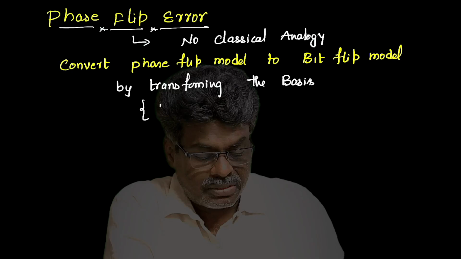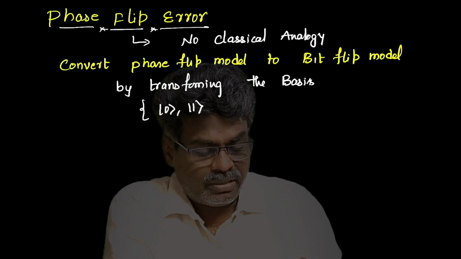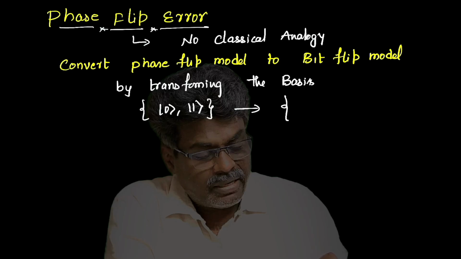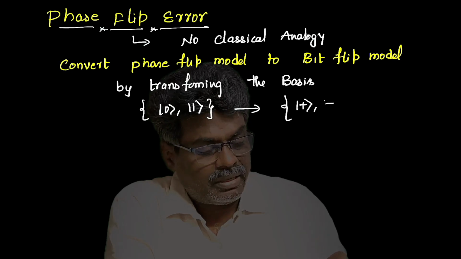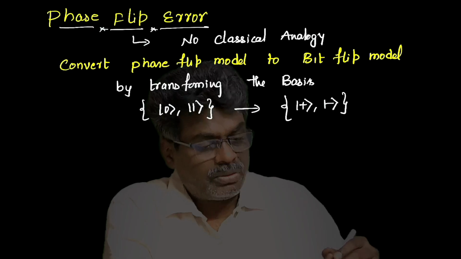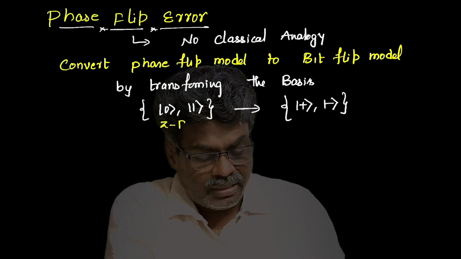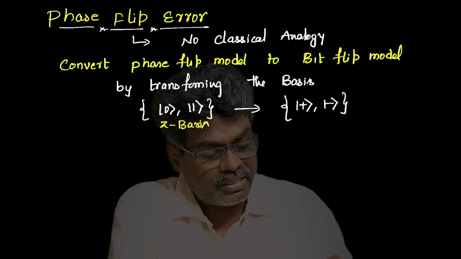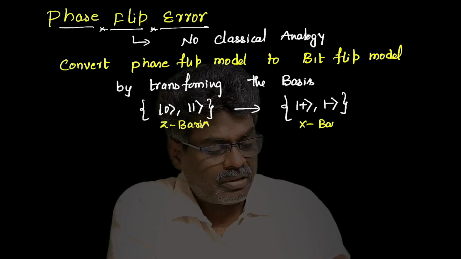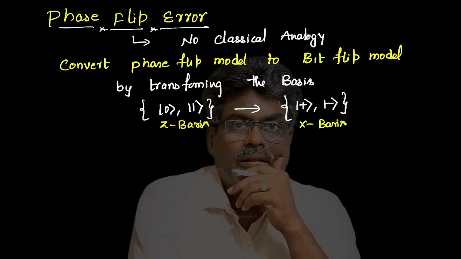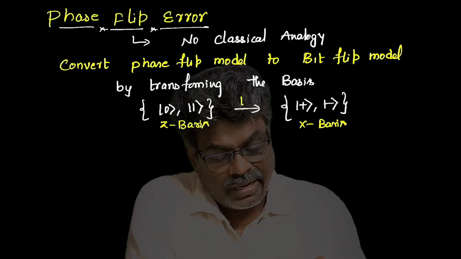Z basis means 0, 1, to the diagonal basis, that is plus and minus. So these are the Z basis, and these are the X basis or diagonal basis. This can be done by using the Hadamard gate.